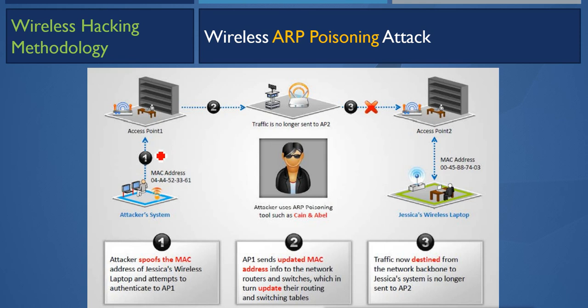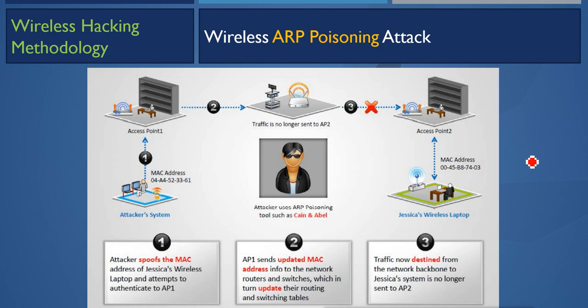Now if this access point wants to send data there, because the routers and switches in between know the new place of the MAC address, they will no longer send it to the real user. It will be sent to the attacker machine. Just like in a wired network, we can do it on a wireless network also.